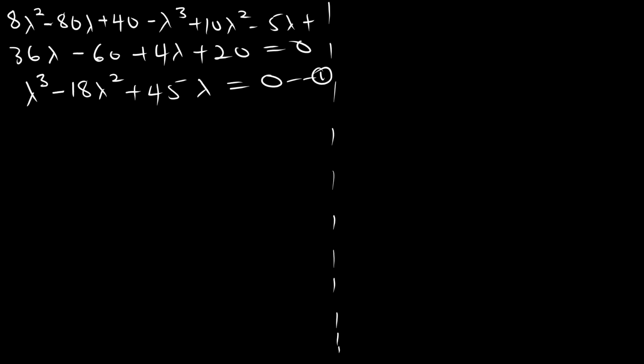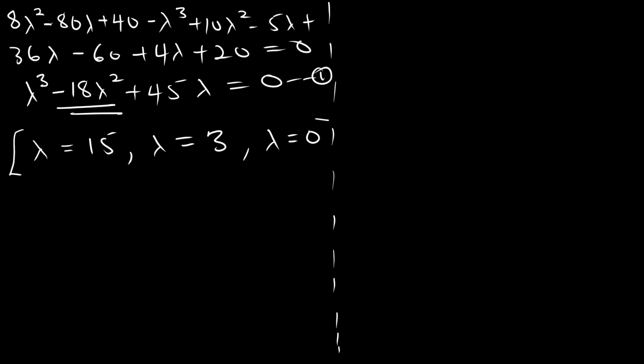So this is a cubic equation, and when you find the root of this equation, your lambda should be equal to 15 and your lambda should be equal to 3 and your lambda should be equal to 0. So these are the roots of the equation which represent the eigenvalues.